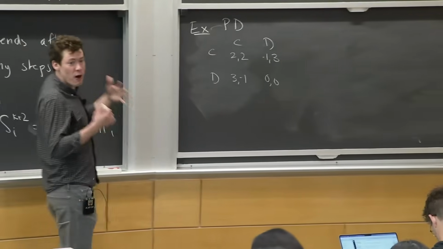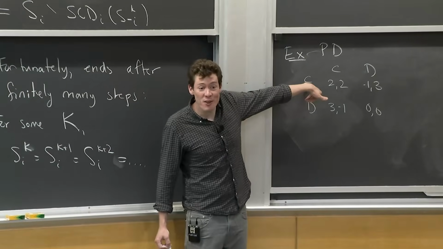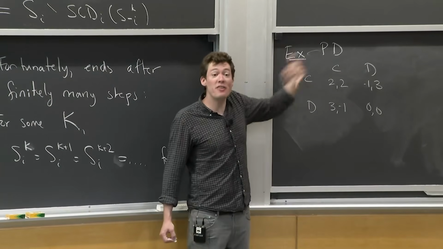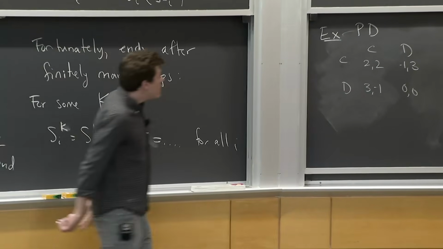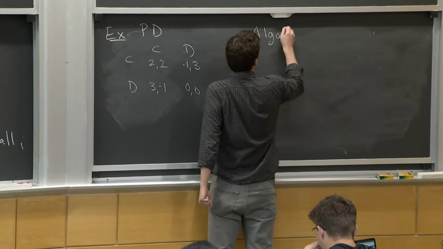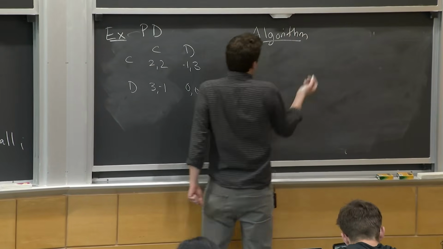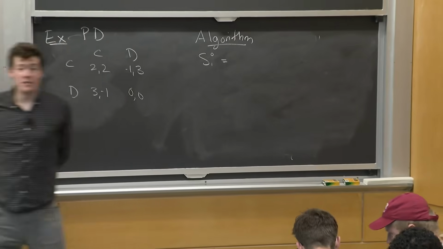So cooperation is a property of what the players in the game are doing. So it doesn't mean testify against the other prisoner, it means cooperate with the other prisoner by not testifying. So here in the prisoner's dilemma, let's go through the algorithm. Well, first, what is S_1^0?